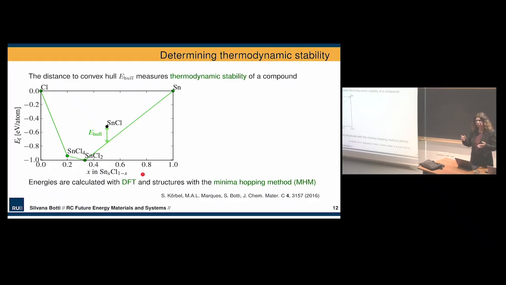The fact that it's thermodynamically stable maybe will not tell us how to make it, but at least we can calculate if this material will want to decompose into other compounds, or if it will prefer to be a compound in that crystal structure. To do that, we have to put it on the convex hull, so we compare its energy with the formation energy of other compounds that contain the same chemical elements.